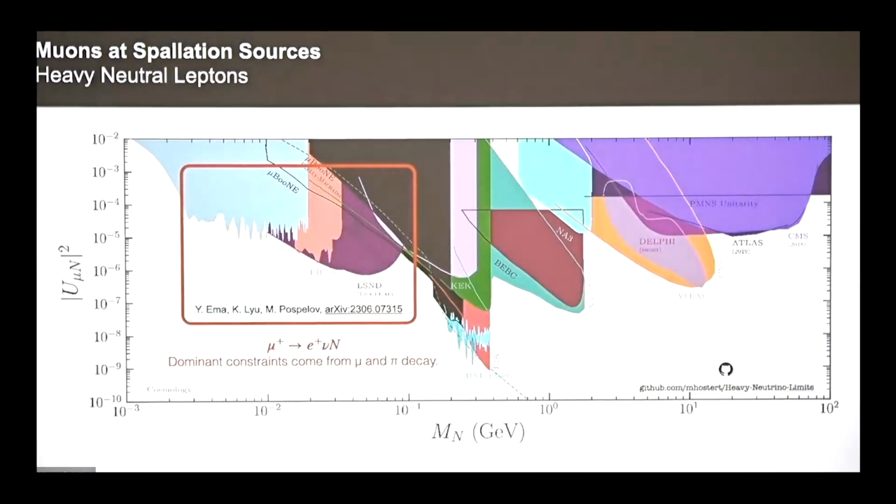And finally, you could do something similar for HNLs. You can see that same LSND sample was used by Maxime and Yohei here to set limits on HNLs. Here's the mixing of the new particle with the muon flavor and the mass. Below the muon mass, the dominant limits in that region come from direct searches at spallation sources.